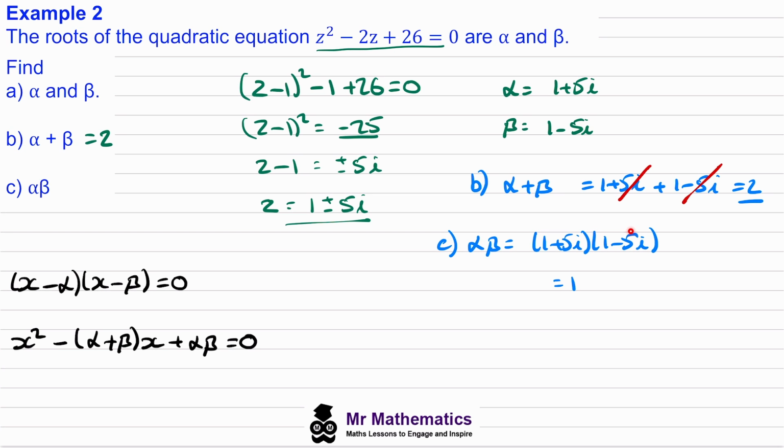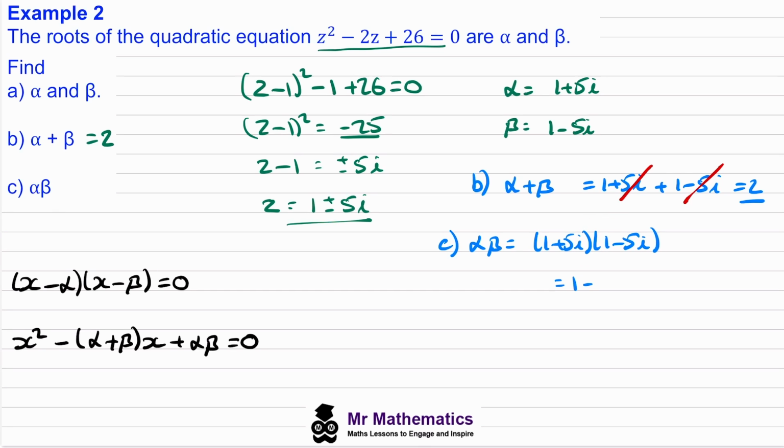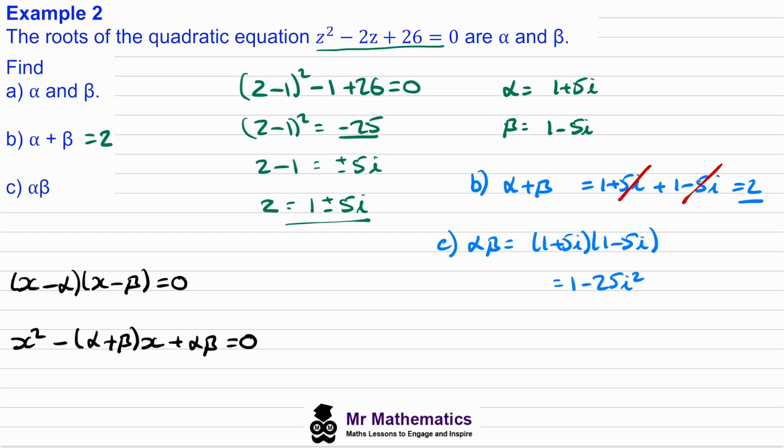The negative 5i will cancel with the positive 5i, and then we get negative 25i squared. But we know i is root negative 1, so i squared will be negative 1. So this will be 1 minus negative 25, which becomes 1 plus 25, which is 26, which is exactly what we thought it would be here.